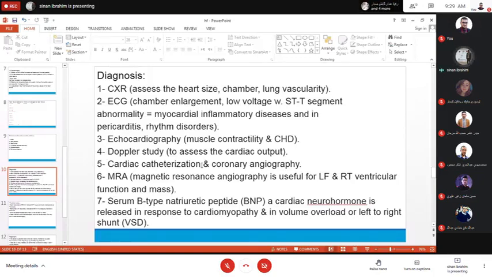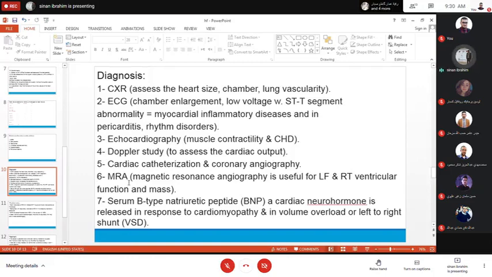We do not know the cause of this by chest X-ray, ECG or echo, and we reach the final diagnosis by doing the coronary angio for the patient, and we see the anomaly and compression of the coronary, and this may cause ischemia and heart failure in these infants or children.